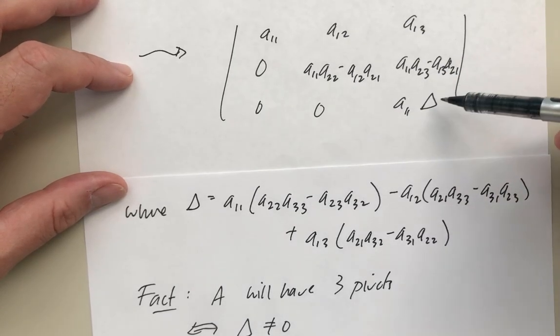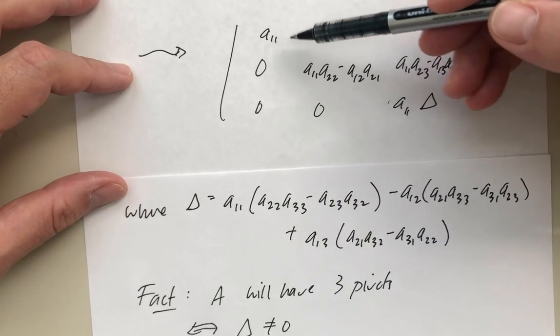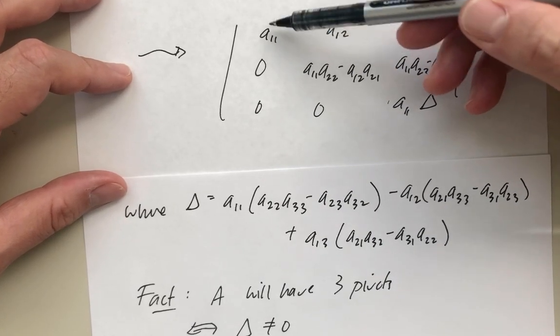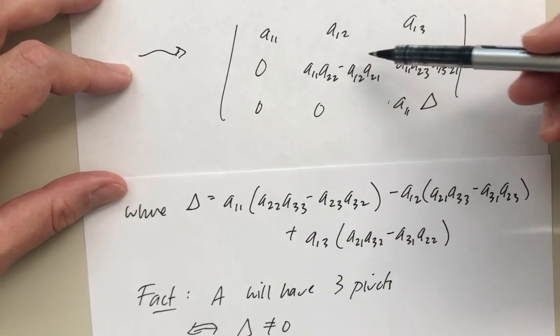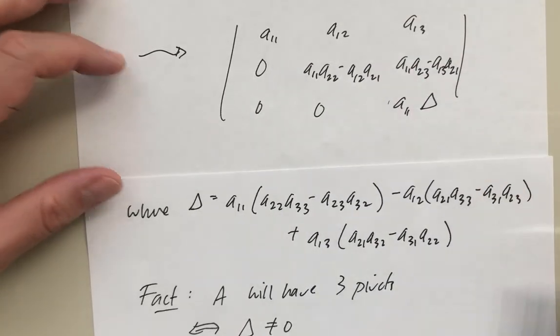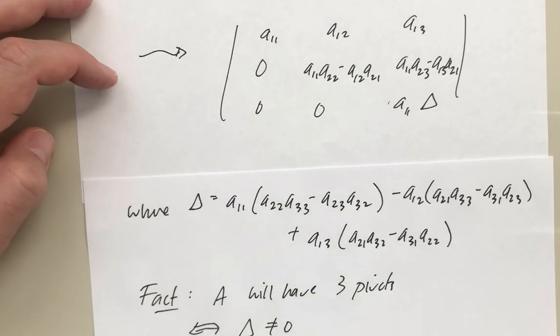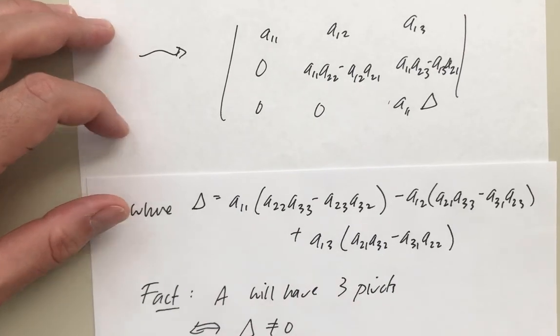But in fact, if delta is non-zero, we can assume that A11 was non-zero because we would have put it up into the upper left corner. So that'll be non-zero, and it also makes this non-zero. So if delta is non-zero, we get what we want, these 3 pivots. Okay, so delta is the thing that we care about.